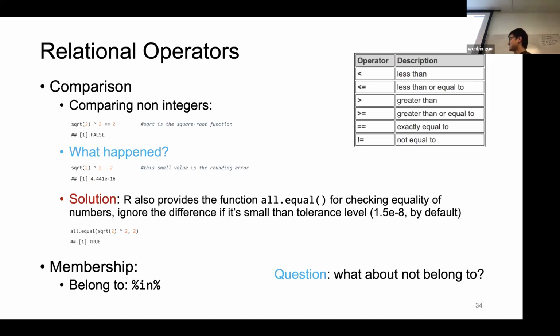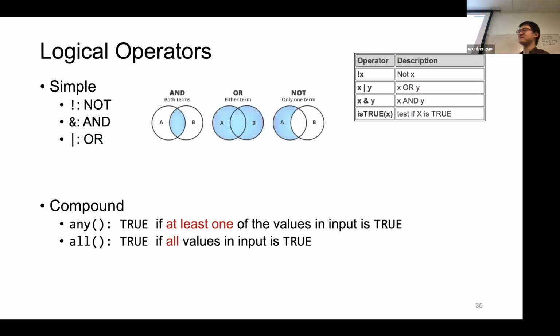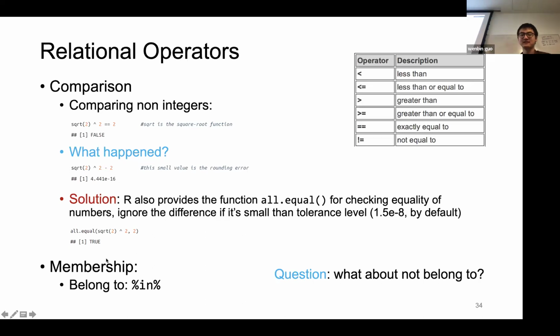Here is a question. We only talked about belongs to, but we didn't talk about not belongs to. So how do we do that? This can be answered by the logical operators like and, or, not. What you need to do is, when you have x in y, you put parentheses around this operation and add a not.